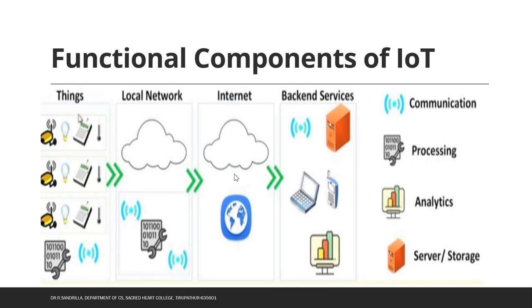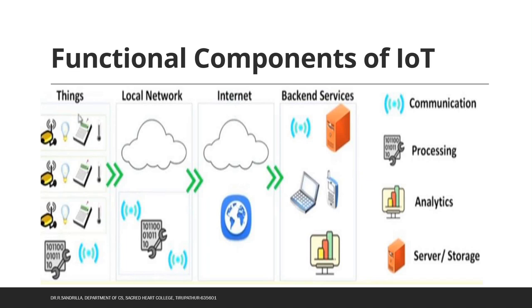The first important concept is the functional components of IoT. When we talk about the functional components of the Internet of Things, first comes the things, which specifically refers to the individual devices or objects that are part of the Internet of Things ecosystem.